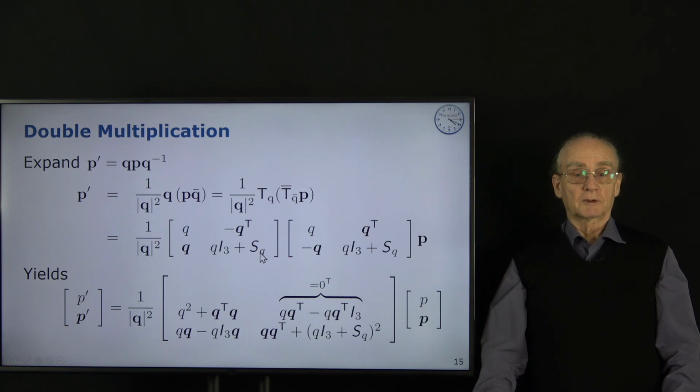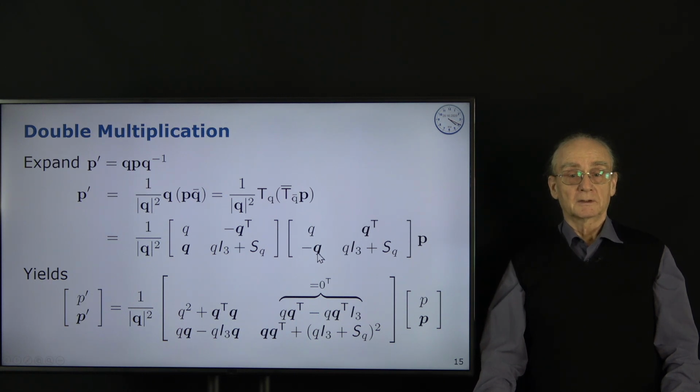And if we do this, we get, for instance, Q0 squared plus the length squared of the vector Q. Then we have to multiply Q0, the scalar part, with the vector part, Q transposed, which is this one.